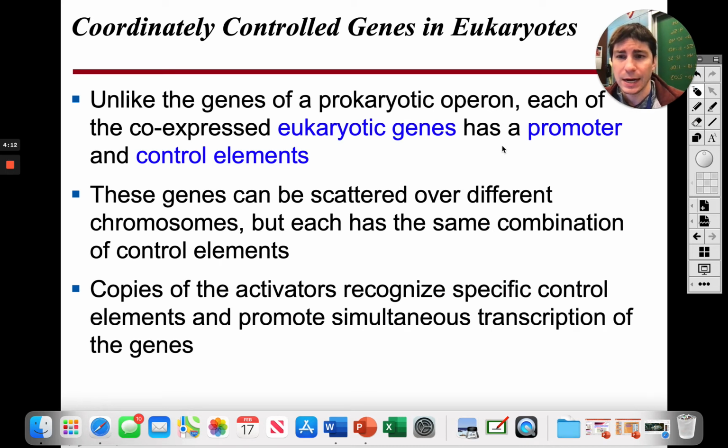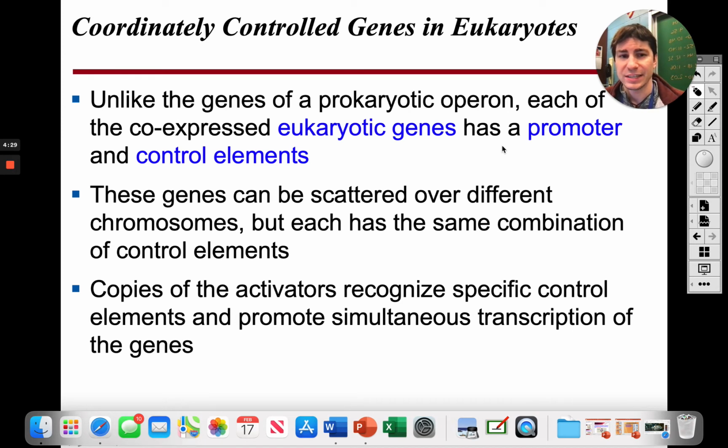But for our eukaryotic ones, each of our genes has a promoter and control elements. In the prokaryotic cell, we were just worrying about expressing a specific gene, whether it was the TRP one or the LAC one, and that was pretty much it.